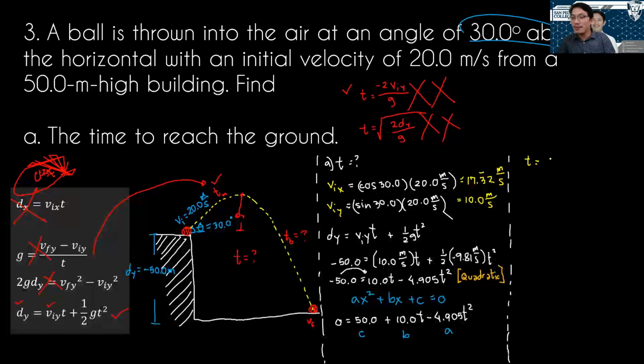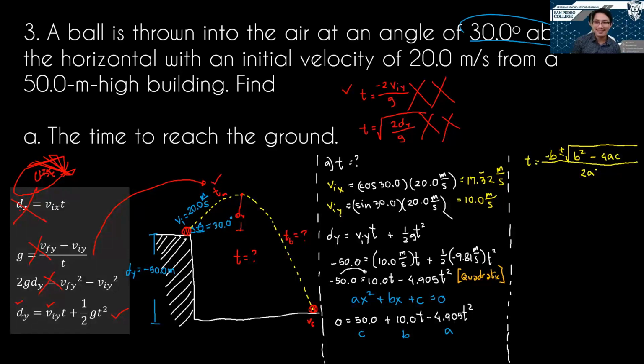What is the quadratic formula? Negative b plus minus square root of b squared minus 4ac, all divided by 2a. Ayan. Di ba? Happy kayo. We are going to use the quadratic formula.